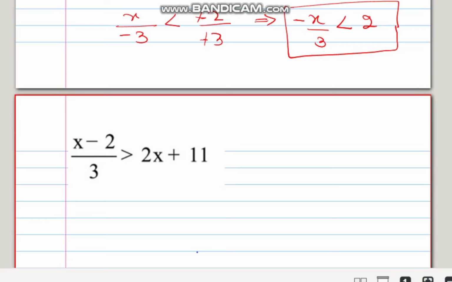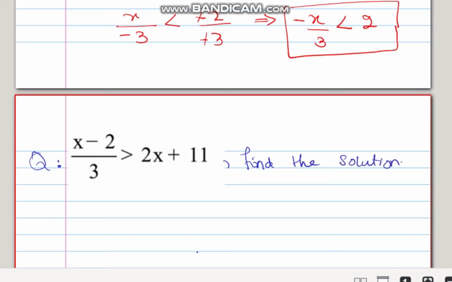I am writing here, it is question Q. This is the question and we have to find the solution. Find the solution, or find the x. So how can you do that? It's very simple.